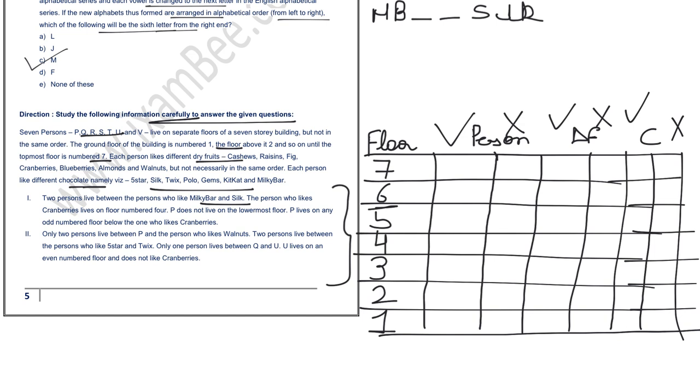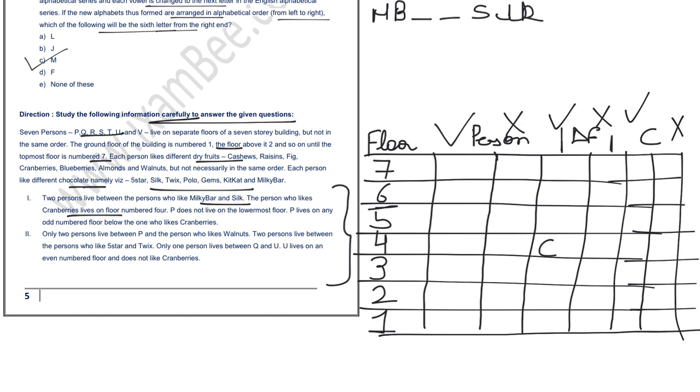Now it is given to you, the person who likes Cranberries lives on floor number 4. So you know that the person who likes Cranberries lives on floor number 4. So you can write Cranberries over here because it's one of the dry fruits. So these are the people who like dry fruits, and these are the people who do not like dry fruits.